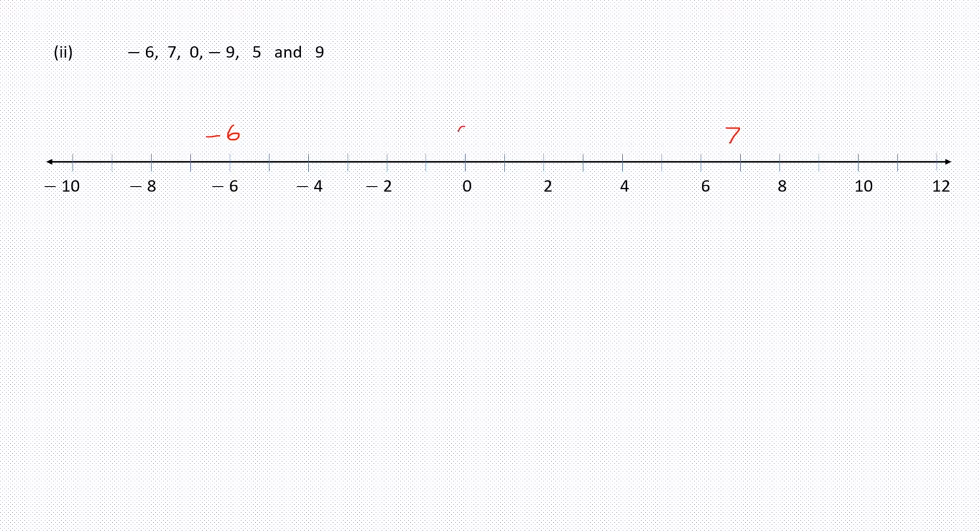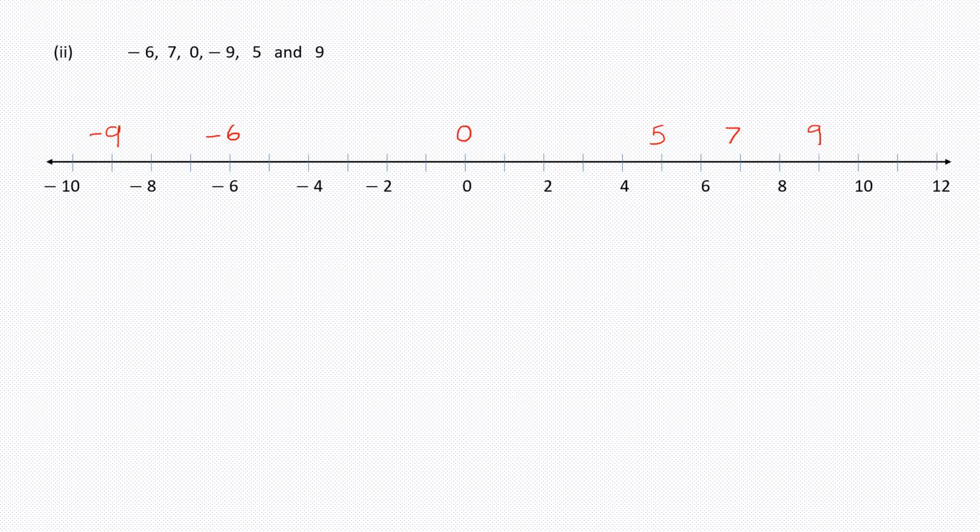0. Okay, mark 0. Minus 9. Minus, so it's a negative number on the left hand side between minus 8 and minus 10. So that's minus 9. 5 is a positive number on the right side. 4, 5. And 9 is a positive number after 8. Okay, so we have all our numbers.